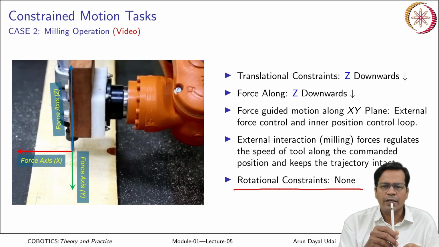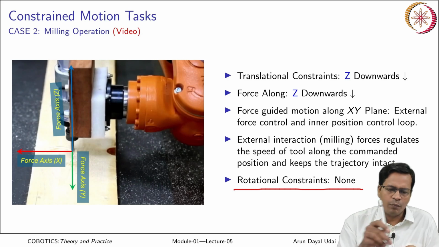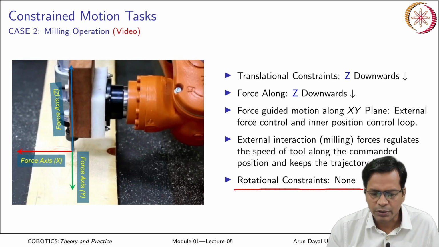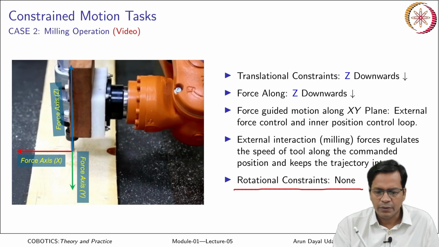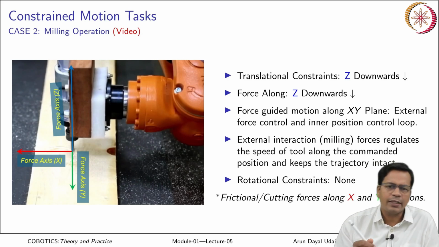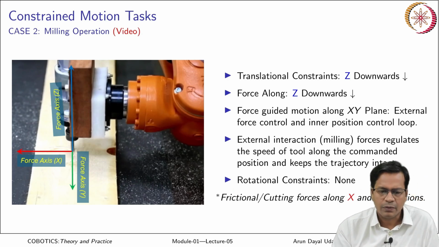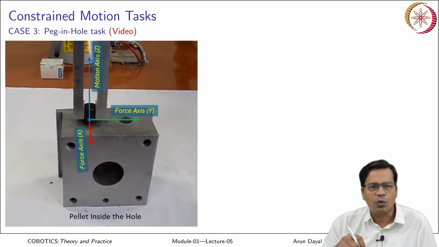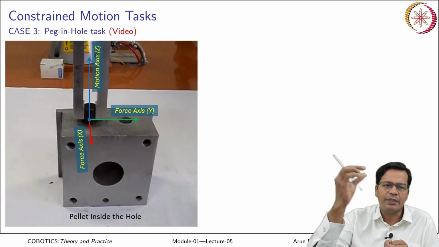Yaw motion is anyway redundant, we should not do that, but we also do not do roll and pitch motion for this robot. Okay. The frictional and the cutting forces are along x and y directions.